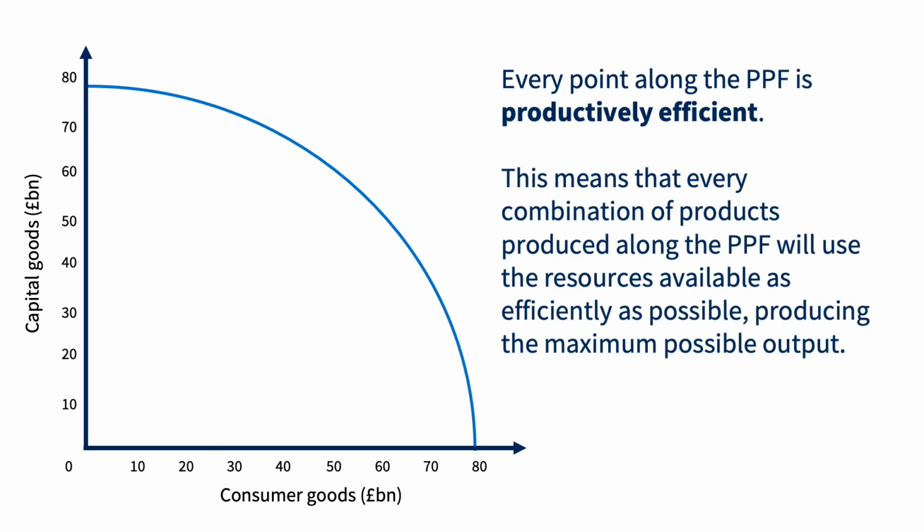This leads us to an important point in this topic. Every point along the PPF is productively efficient. This means that every combination of products produced along the PPF will use the resources available as efficiently as possible, producing the maximum output. No matter whether it's here, here, here, or here, all of these points along the PPF are productively efficient.